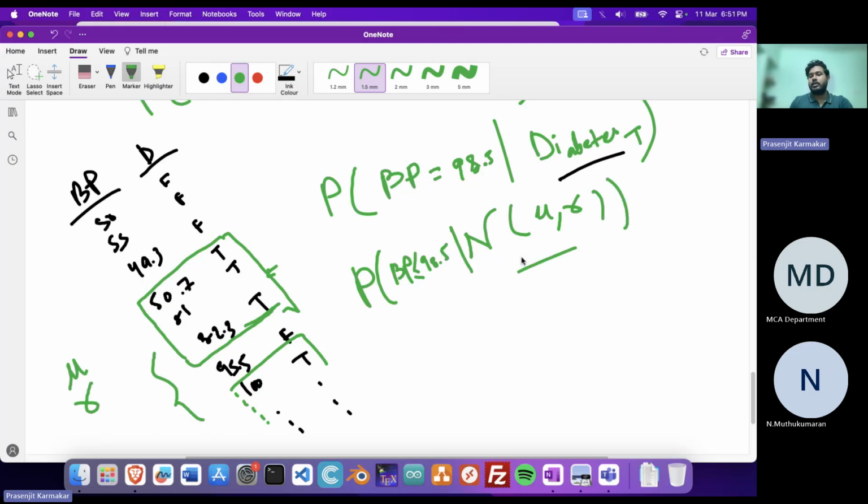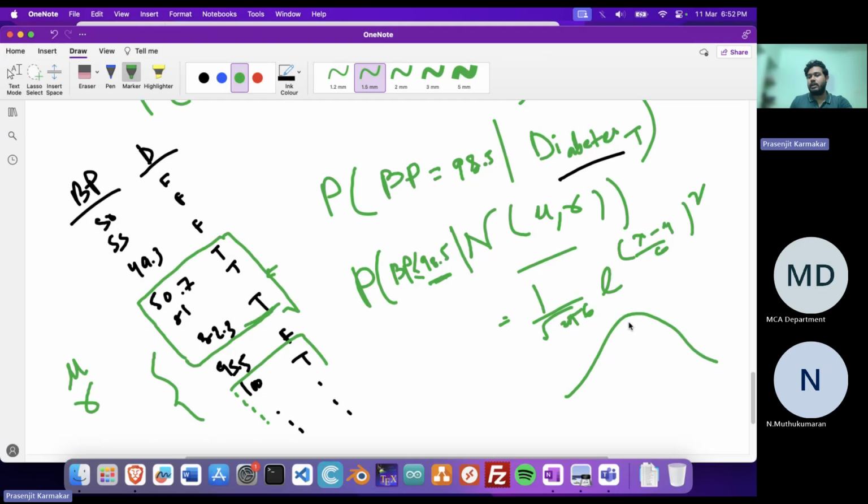And we can just put in the normal distribution density function. Oh, sorry, density function is there, not mass. Density function for a normal distribution. So what is it? I guess 1 over sigma root 2 pi, e to the power minus x minus mu squared by 2 sigma squared, something like this, right? So you can just put this 98 value here instead of x.